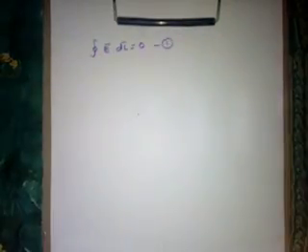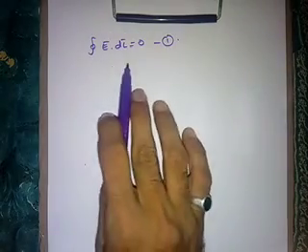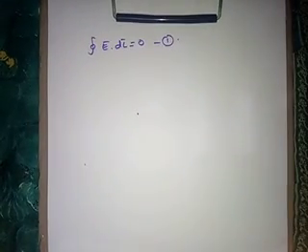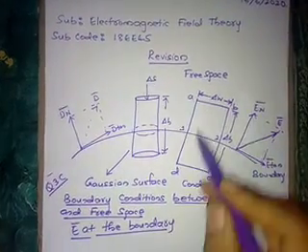That is, the integral of E bar dot dl bar over a closed path is 0, or the work done in carrying unit positive charge along a closed path is 0. As per this equation, E bar dot dl bar equal to 0. Consider a closed path here, that is ABCDA.